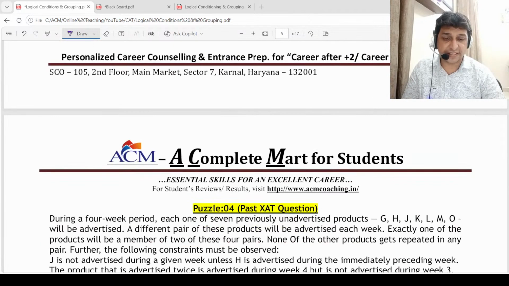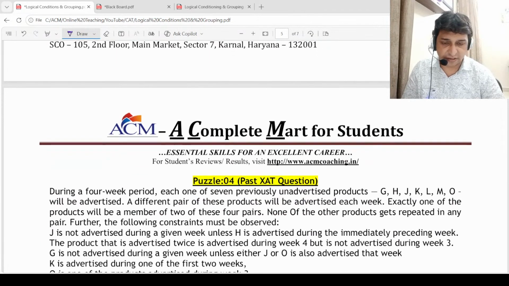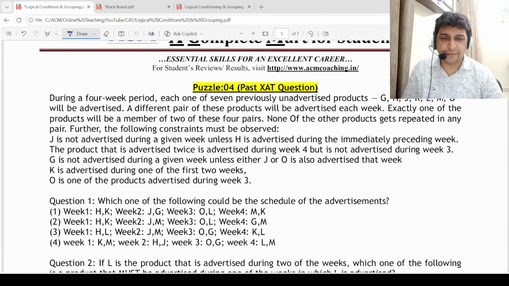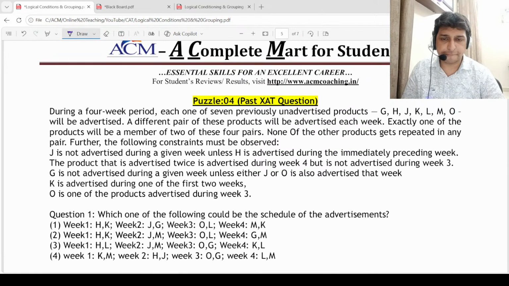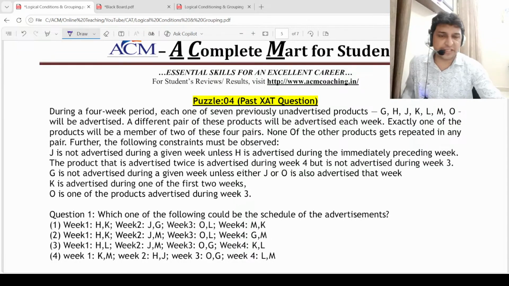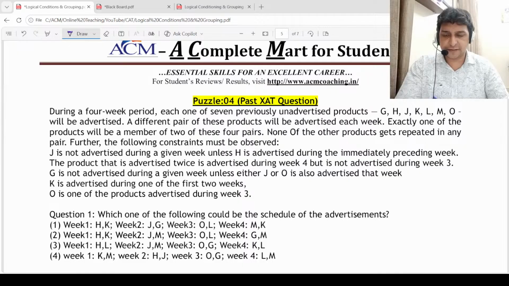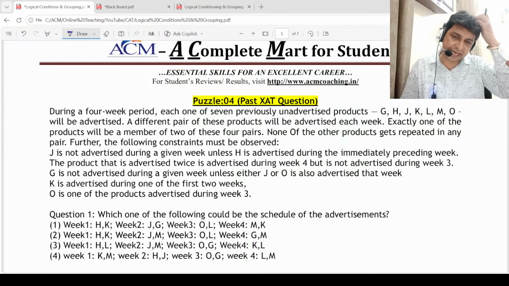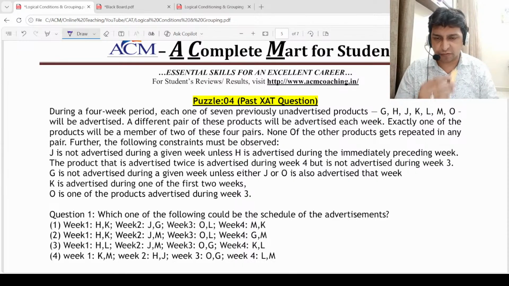Puzzle number 4, that is XAT Xavier's puzzle. During a 4-week period, each one of 7 previously unadvertised products G, H, J, K, L, M, O will be advertised. Just go through the puzzle once.